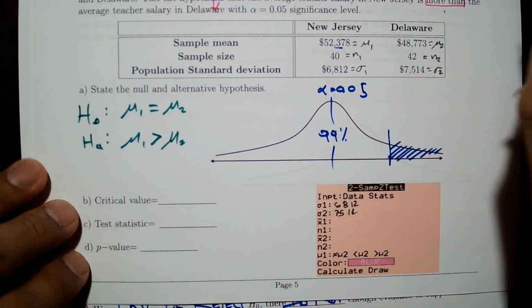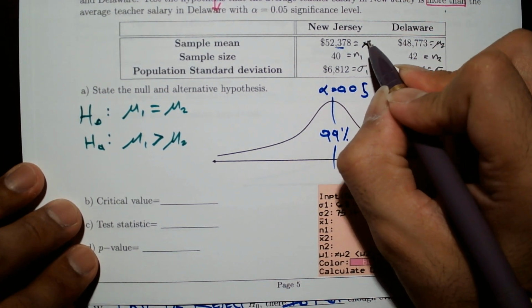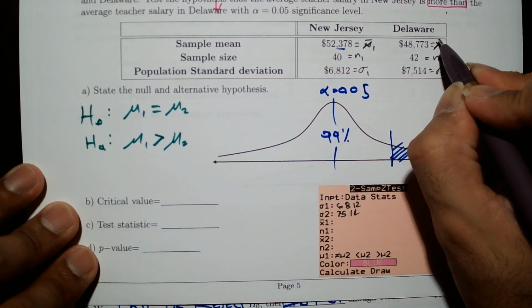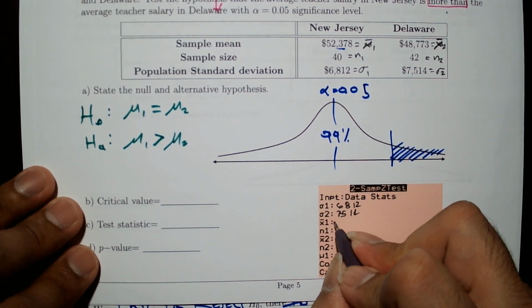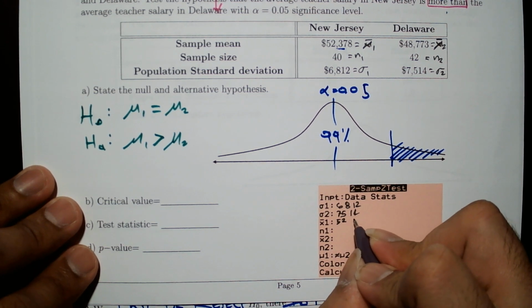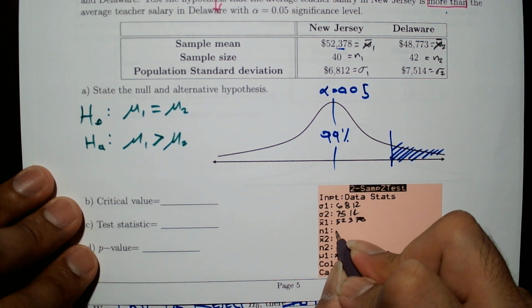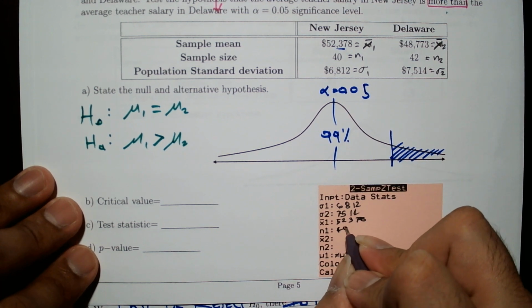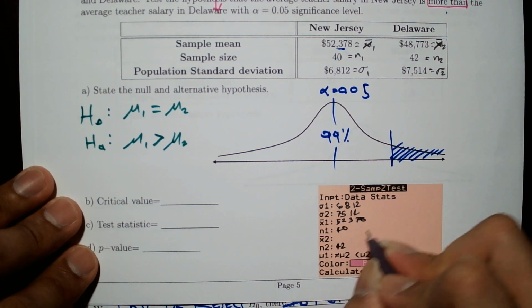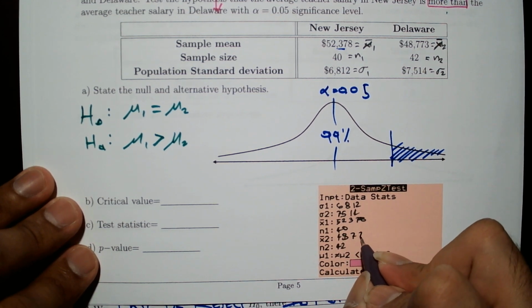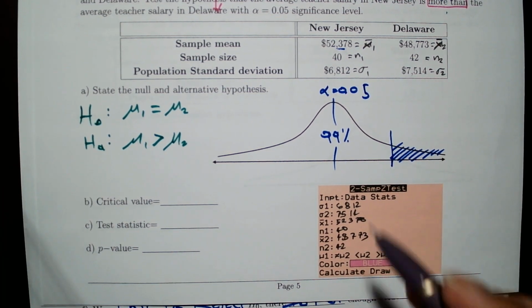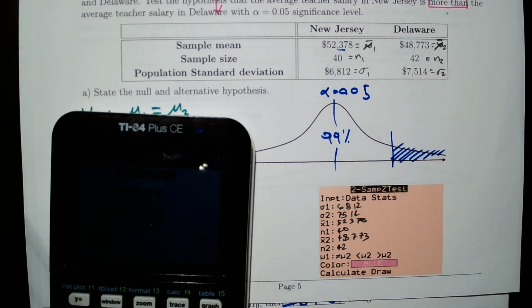It should be x bar because it's a sample. See that? Careful with your symbols. So x1 is 52,378, and n1 equals 40. This is 42, and that's 48,773. So it's kind of hard to write it down, so we're going to type it.